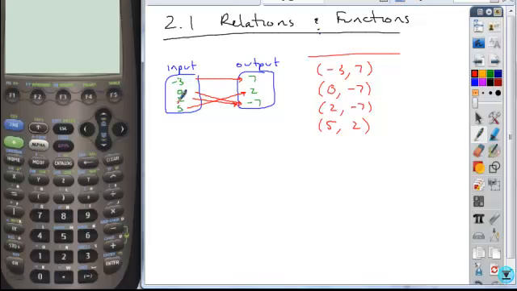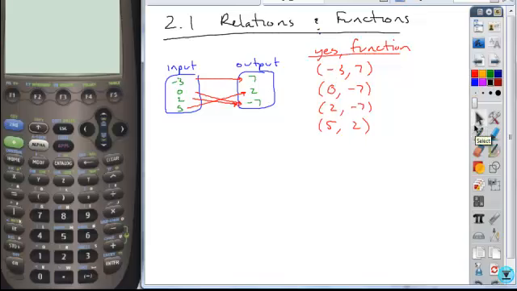Yes, it's just not the other way around. You can't have the same input yielding a different output. So is this going to model a function? Yeah, because every input has a specific output. In fact, there's no repeated input, so it's not even a problem. You don't even really have to test too much.